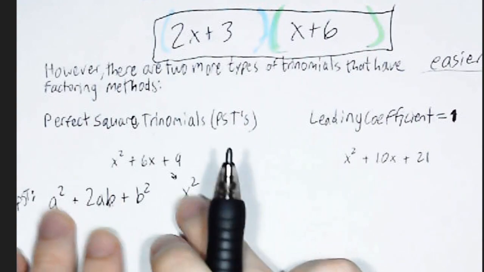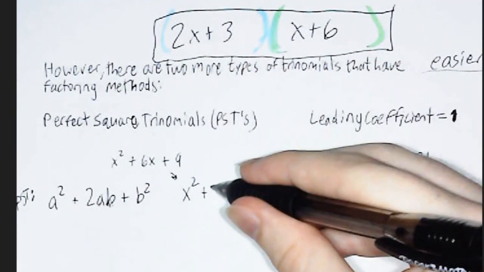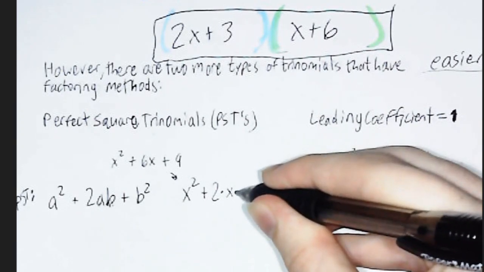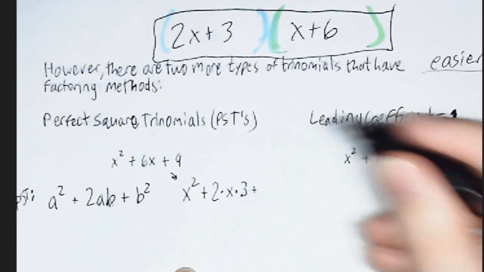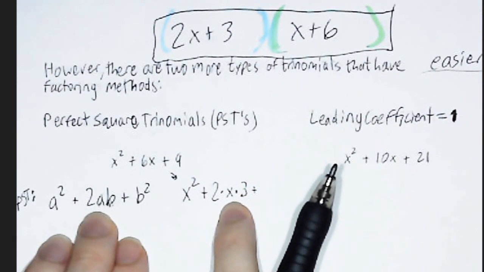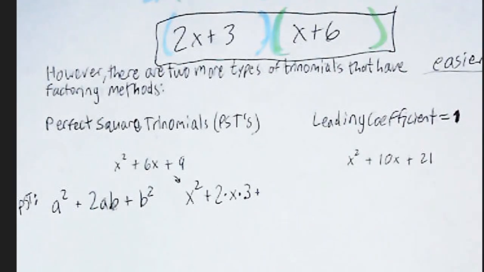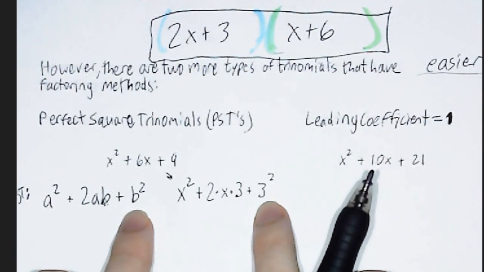That's what a squared is. 6x is 2 times x times 3, right? Where a is x and b is 3, right? And then 9 is 3 squared, where again b is 3.